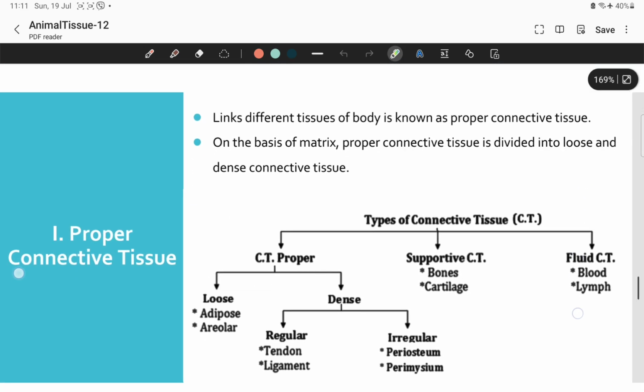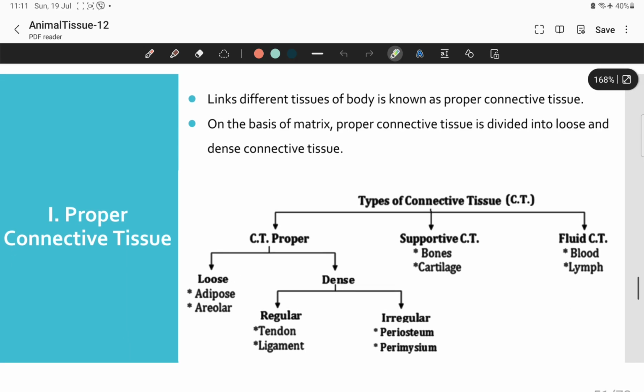Proper connective tissue, as the name suggests, is proper, and connective means it is mainly responsible for linking or binding different tissues of the body. On the basis of the matrix they have, it is divided into two types. One is loose proper connective tissue and the other is dense proper connective tissue.